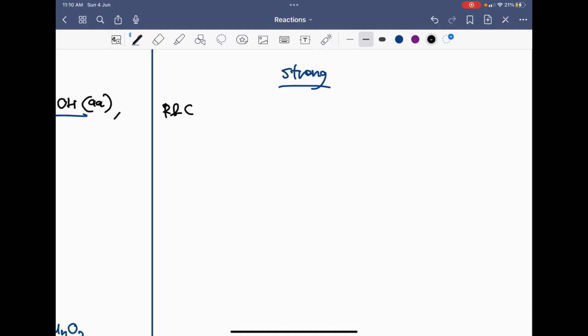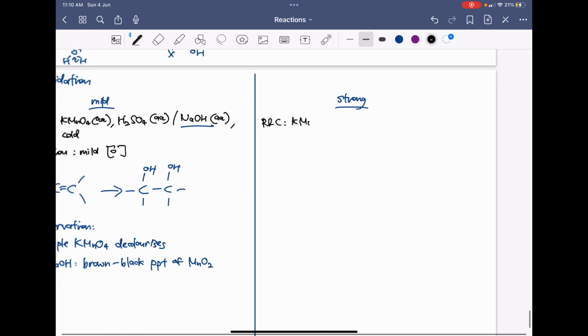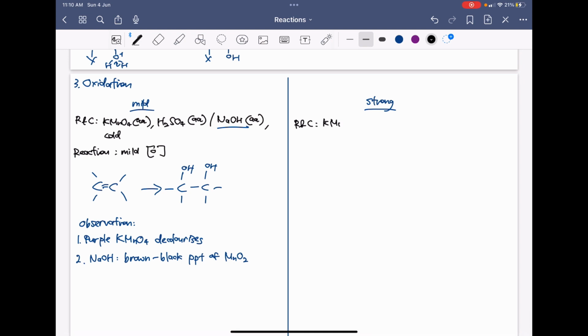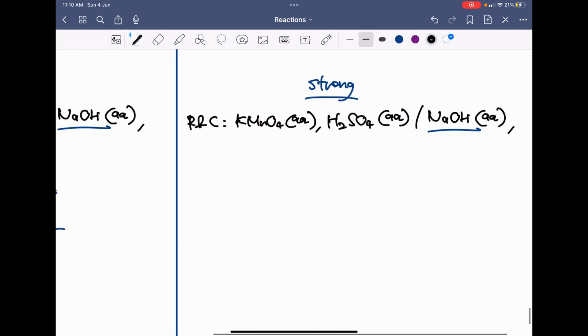Reagent and conditions, KMnO4. Actually, note that strong oxidation and mild oxidation, right? Your reagent and conditions are pretty much the same. The only difference is temperature. And that's how you differentiate between mild oxidation and strong oxidation.